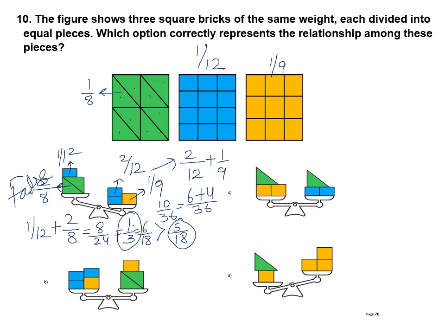Okay, now we see the B part. Here we have three blue parts, that is 3 by 12, and one yellow part, that is 1 by 9, which is equal to, again the LCM will be 36. 9 plus 4, that is 13 by 36, the left hand side.